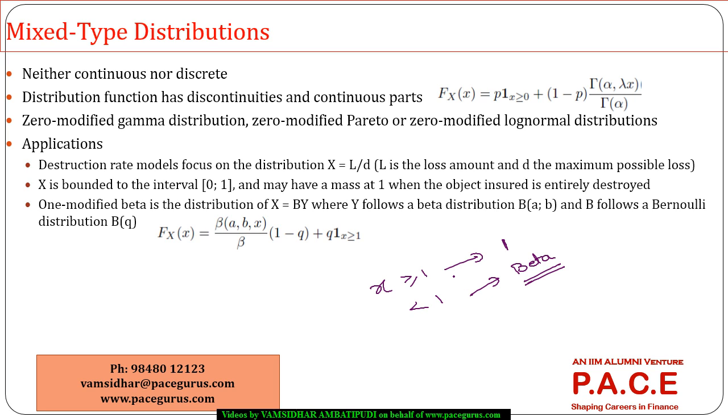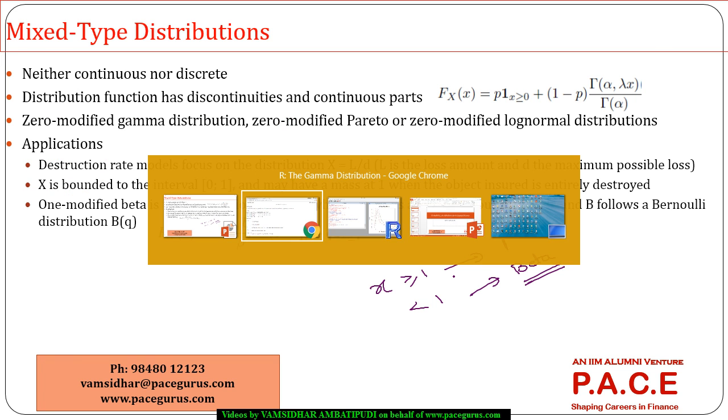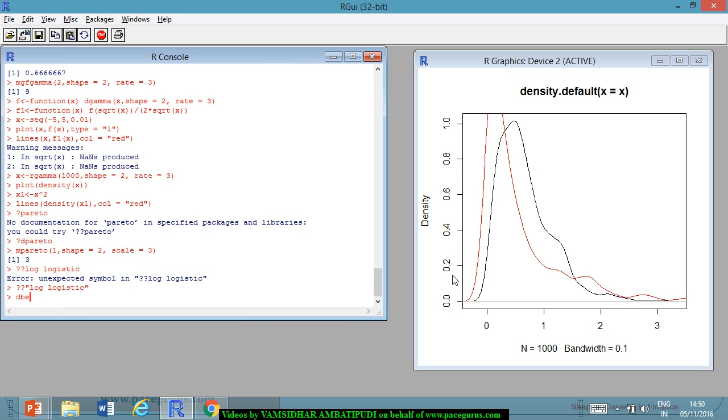And if I have to model such a relationship, this is what we call mixed type, right? And this is called a one modified beta, because at point x equal to 1, I am not using a beta, I am modifying the beta. So this is where we will create a new function here. Let's say dbeta1 modified, which is a function of x.